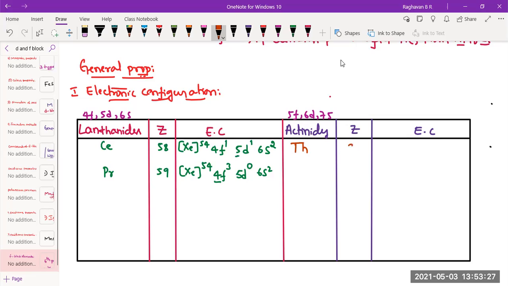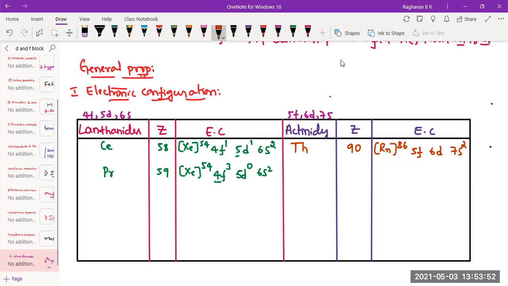Thorium, 90. I told you radon is 86, the nearest noble gas. Remaining 4 electrons. You need to know here the orbitals being filled after radon: 5f, 6d, 7s. By the time electrons enter into 5f, 6d, 2 electrons would have been filled.